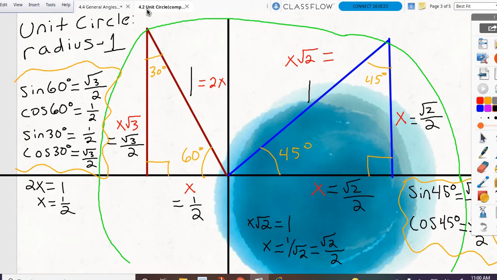So opposite over adjacent. So 1/2 over square root of 3 over 2. But what was 1/2 for 30 degrees? That was my sine, right? And cosine was the square root of 3 over 2.